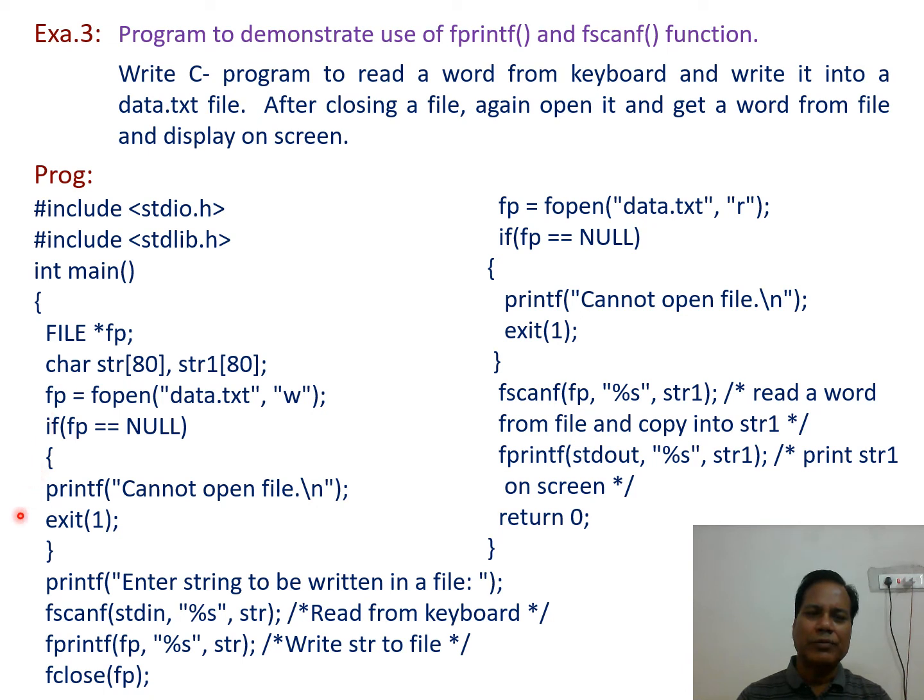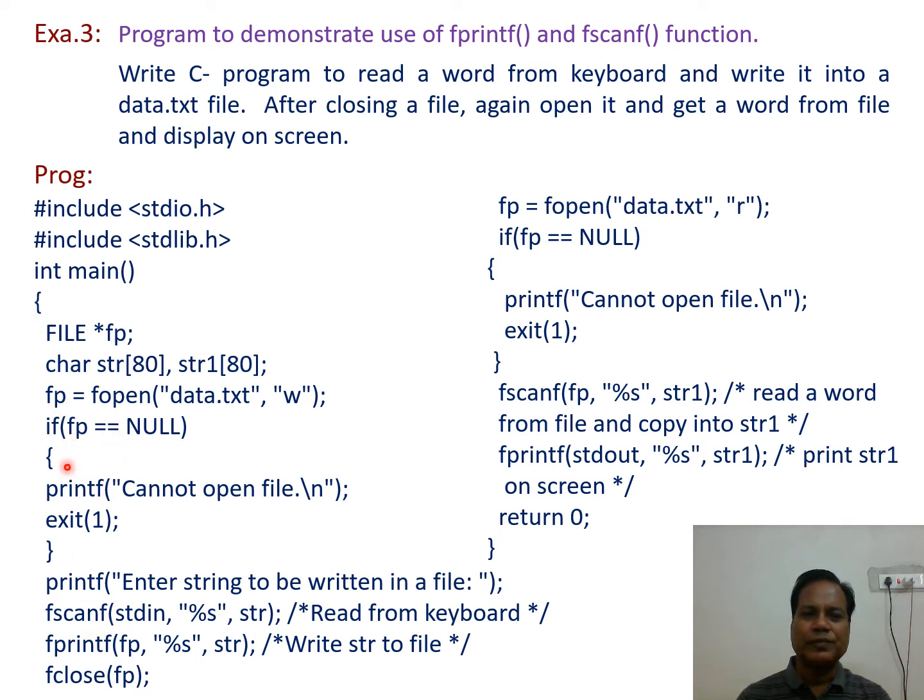Now using the if statement, if fp equals NULL. While trying to open this file, if the file exists and it is open, then information corresponding to that file is stored by fp. So if this fp does not have the NULL value, then this if statement is exited.